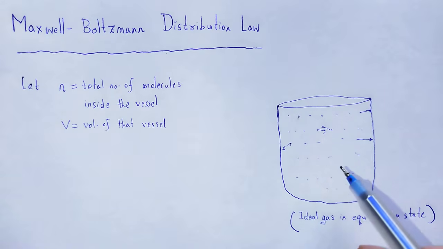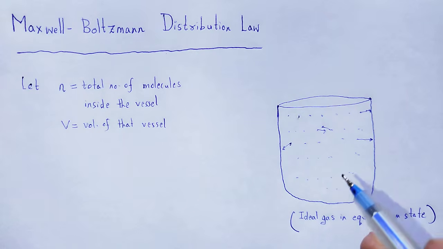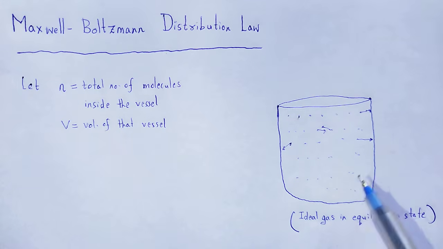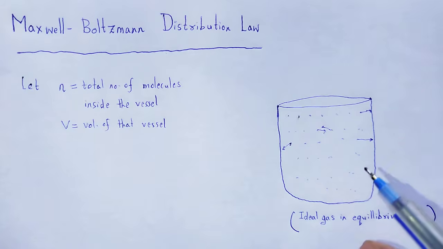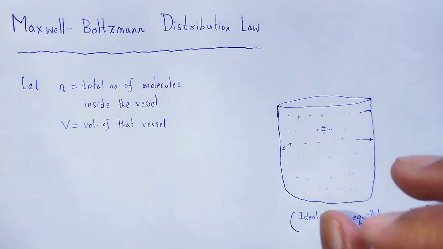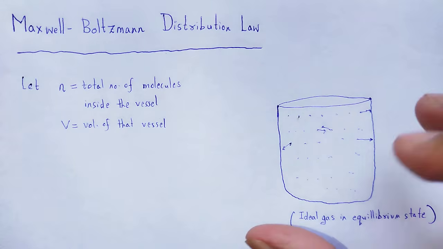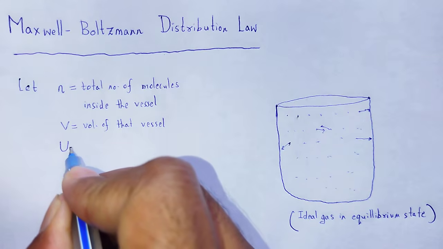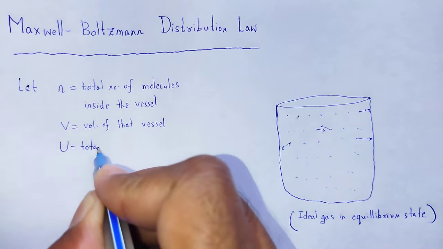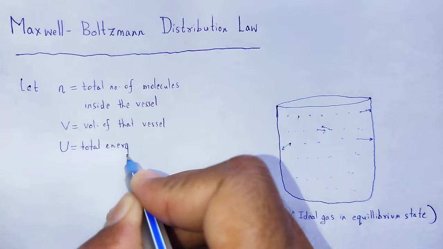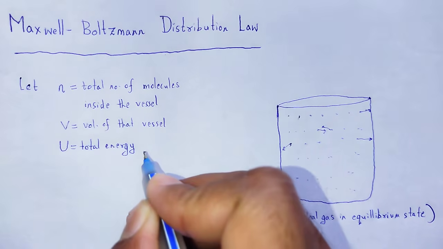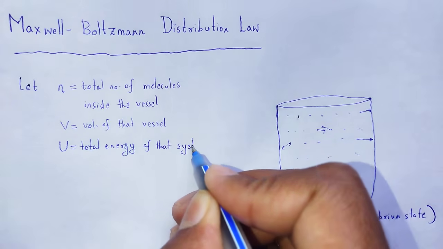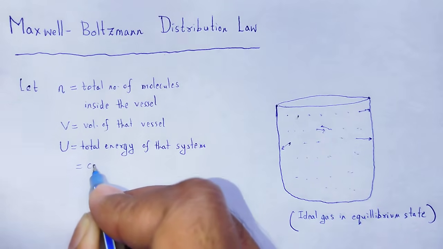Therefore, their momentum and energies are continuously changing. Since the gas is thermally isolated, the total energy of the system is constant. Let U be the total energy of that system, which is constant.